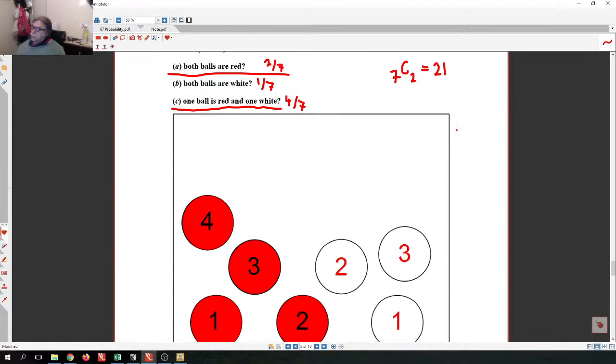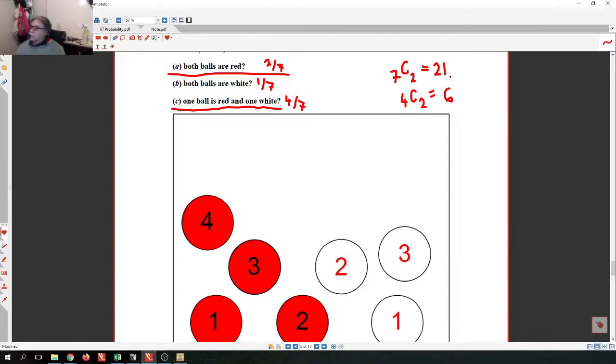Now, in how many ways can you get 2 red balls? Well, 2 red out of the set of 4. That would be 4 choose 2. Also combinations. If you're taking 2 balls, it doesn't matter in which order if you're taking them at once, right? And 4 choose 2 is 6.